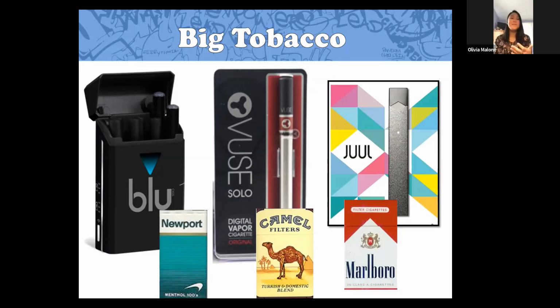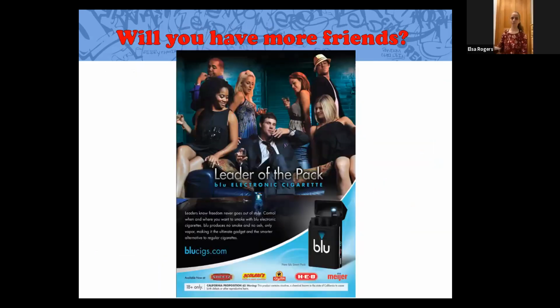But maybe they learned their lesson. Maybe they won't advertise e-cigarettes like they did in the past, using their same old tactics, like making it look sexy or glamorous or cool and attractive to keep kids and teens. Well, not really.